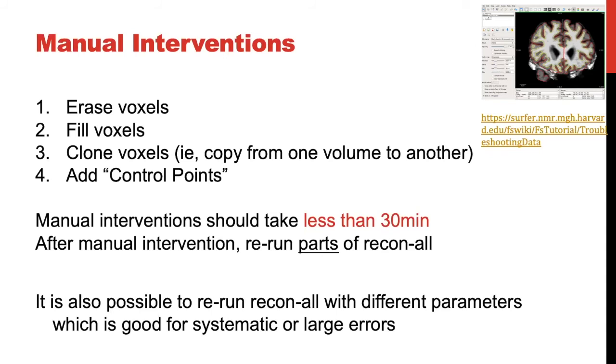Of course, the first time you do it, it's going to take longer, but with practice, it shouldn't take 3 hours. If you feel like you're running into an editing problem where you're spending hours and hours on your data, then perhaps it's better to send it over to us and we can quality assess it. Essentially, after your manual interventions, you can rerun parts of Recon All.